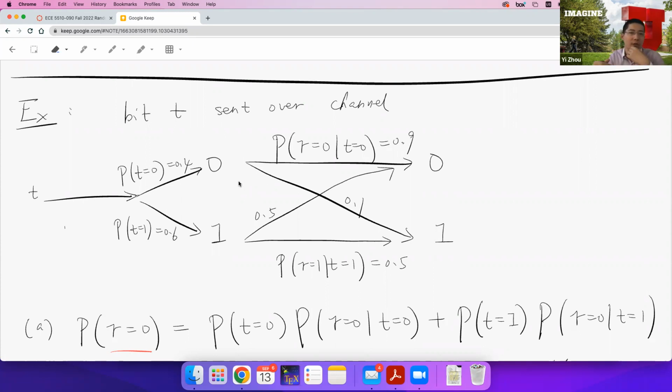For example, the simplest strategy is to repeat the message t 100 times, and on the receiver side, you do a majority vote. That would be more robust. But on the other hand, you sacrifice efficiency because you have to send one single message 100 times in order to be robust to noise. So this motivates us to develop very efficient encoding schemes. That is another story that we will learn in information theory.